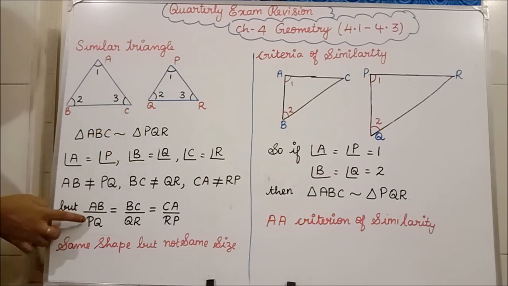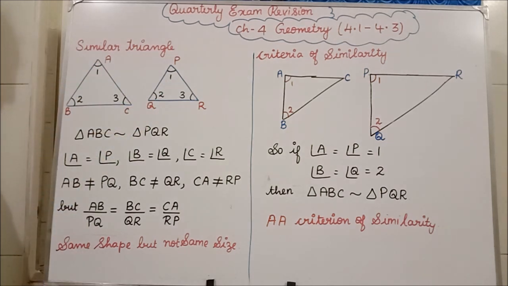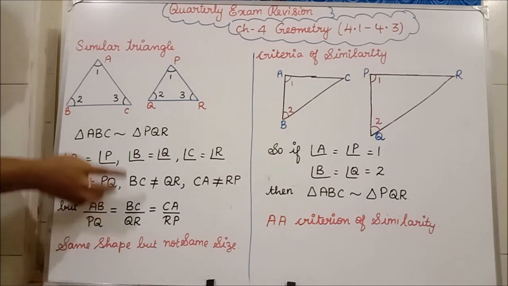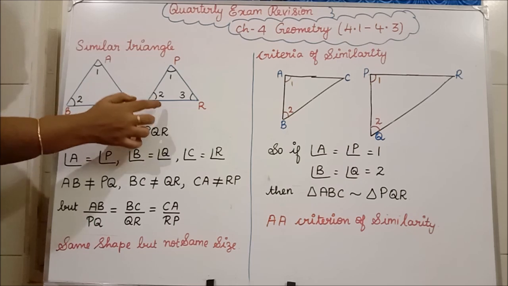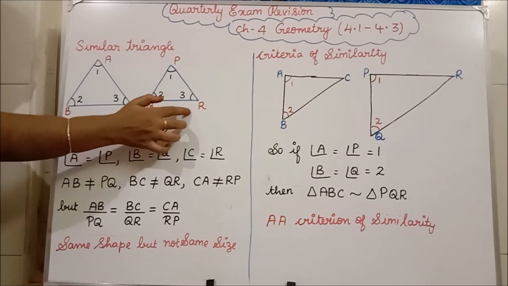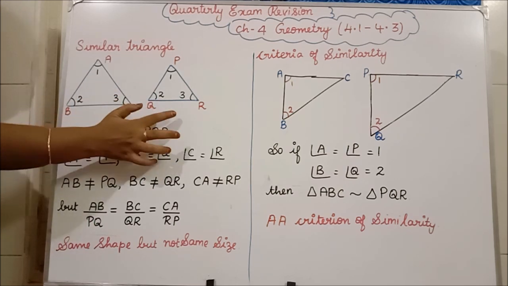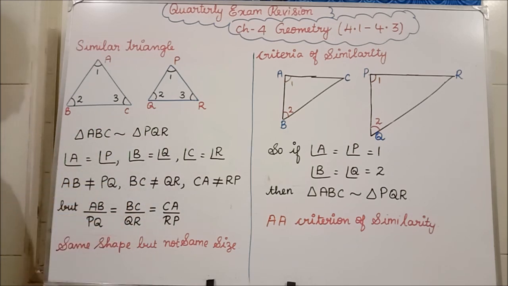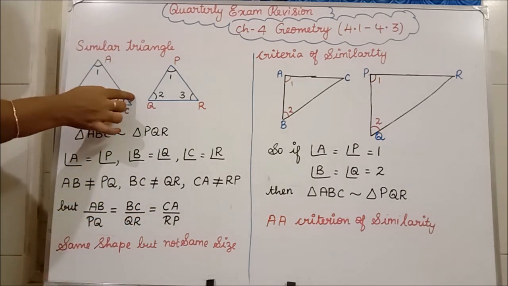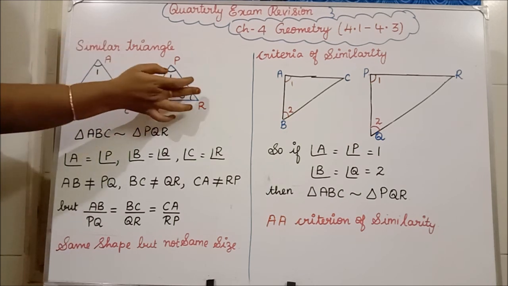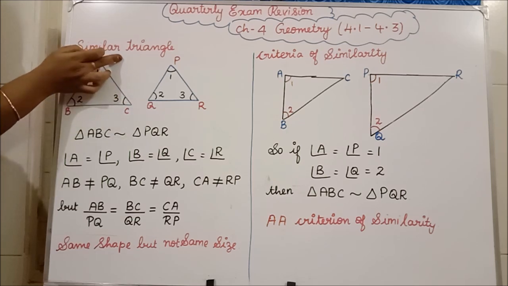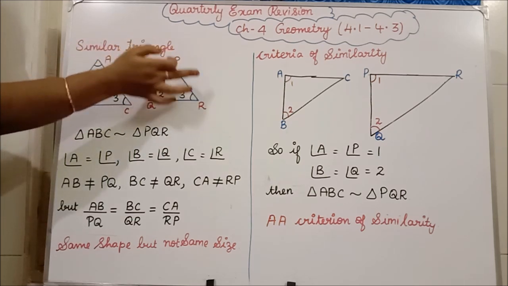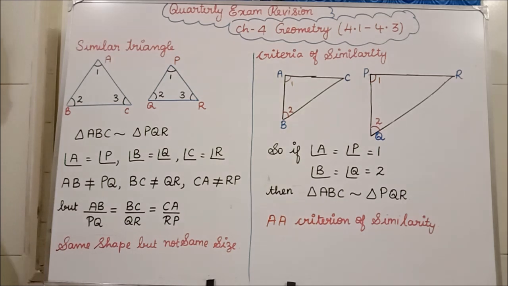So AB divided by PQ is equal to the next. If I take angles 2 and 3, that is the BC side. Here also angles 2 and 3 give the QR side. So BC, the corresponding side, is QR. Next, if I take 3 and 1, then you also have to take 3 and 1. For CA, the corresponding side is what? RP. So CA divided by RP.